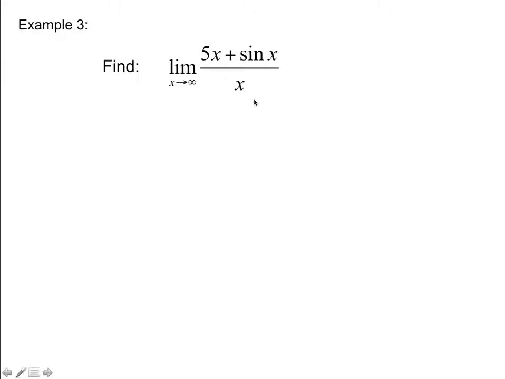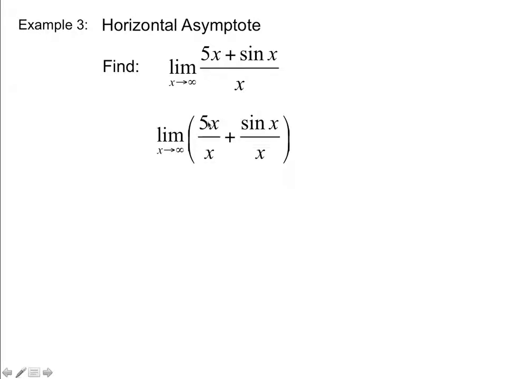So let's use that and evaluate this limit. We see a sine of x over x pattern. The first thing we want to do is rewrite this so we can isolate that sine of x over x pattern. And when you have a plus or a minus in the numerator with a single denominator, you can split apart those fractions. And so we have a 5x over x and a sine of x over x, both going to infinity.